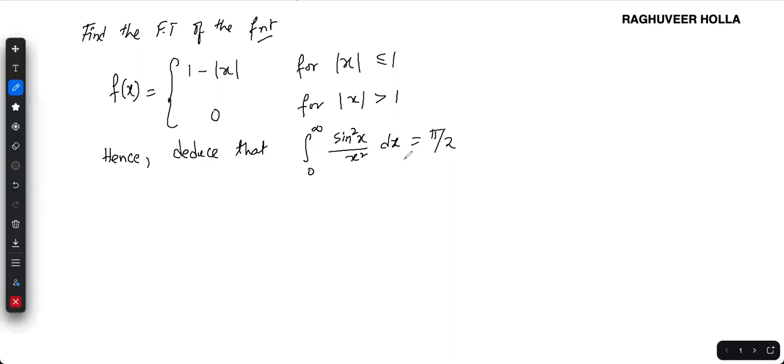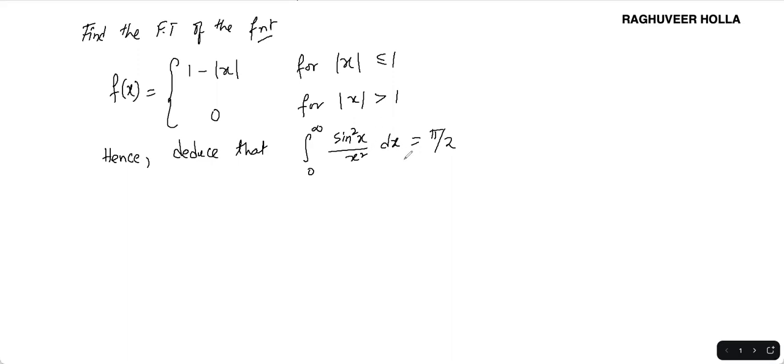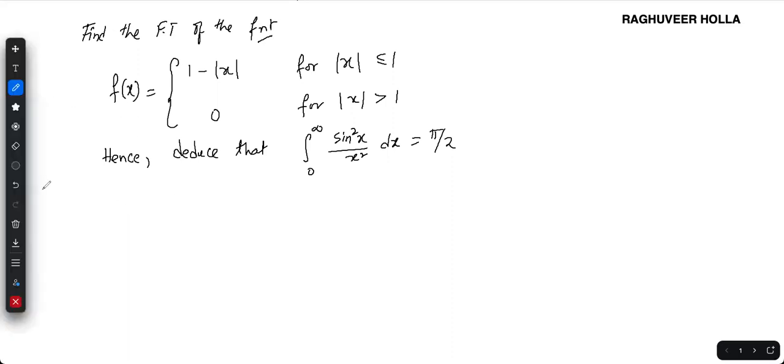And also reduce this here into pi by 2. Okay, so Fourier transforms. So F of alpha is equal to 1 by root 2 pi integral minus infinity to infinity f of x e to the power of i alpha x dx.